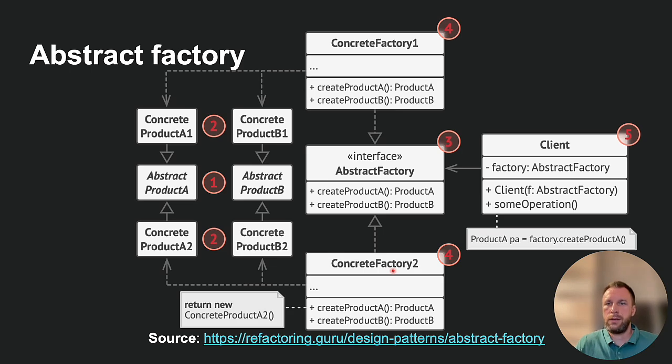These concrete factories are subclasses of the creator class. They provide their own specific way of creating specific products. Then, on the right, you see we have some client code. It remains flexible and independent of the specific product variant, as it communicates with the objects via abstract interfaces.